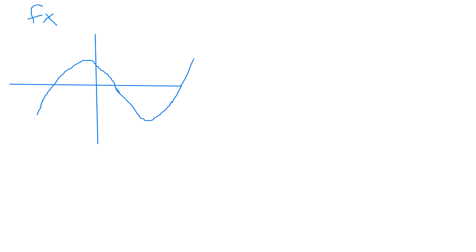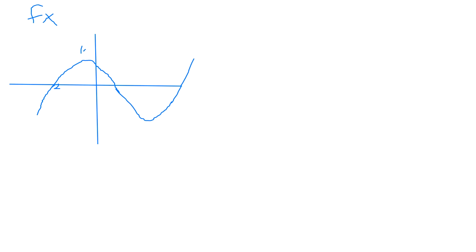My f of x is like this, and I have a graph like this. I assume that here is 2, here is 1 and 4.